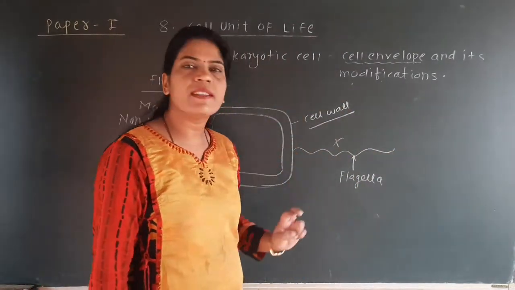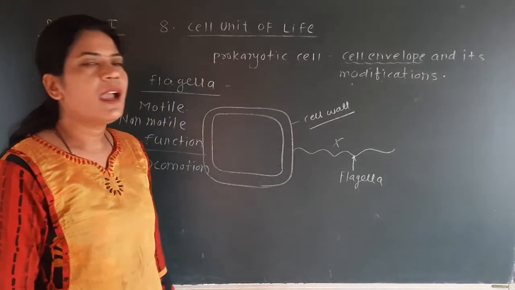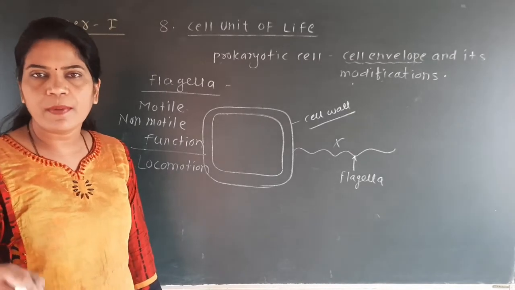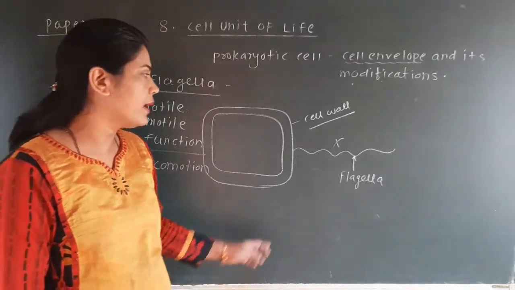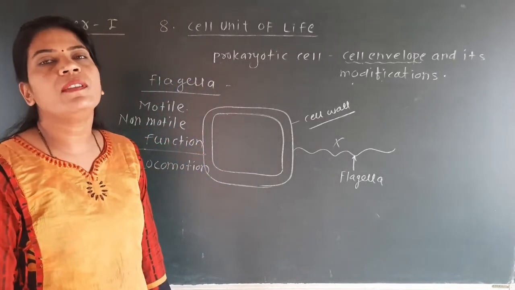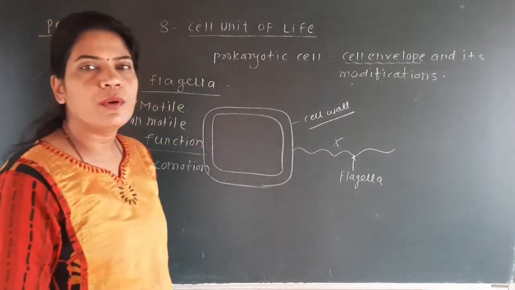And from which cell envelope does this flagella arise? This flagella arises from the envelope which is present in the middle, that is called the cell wall. If we see the structure of the flagella, which is not given in our book, you should still know the different parts.